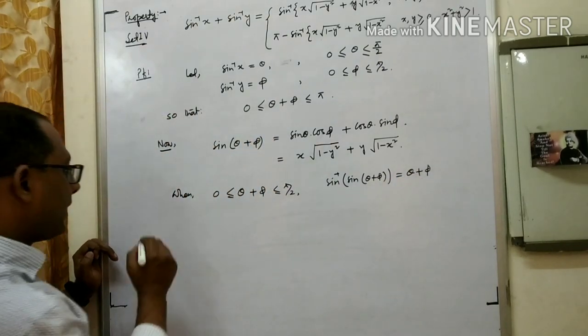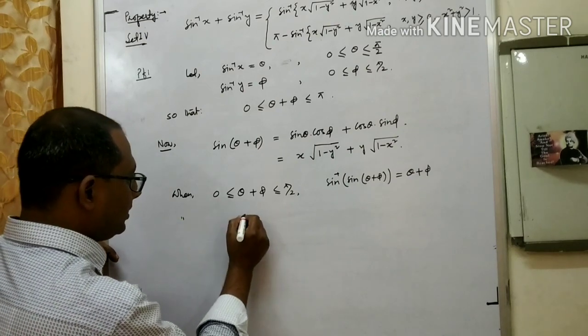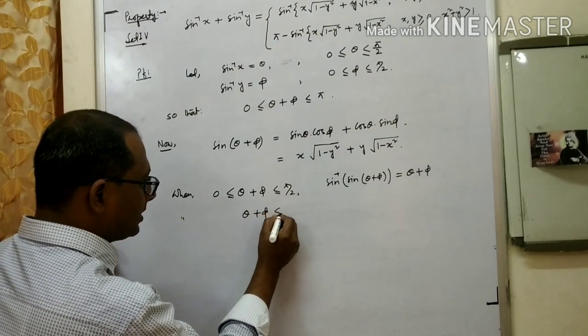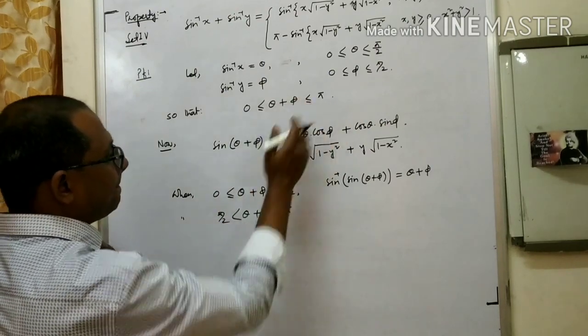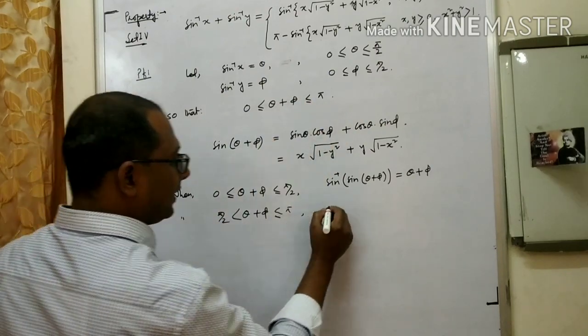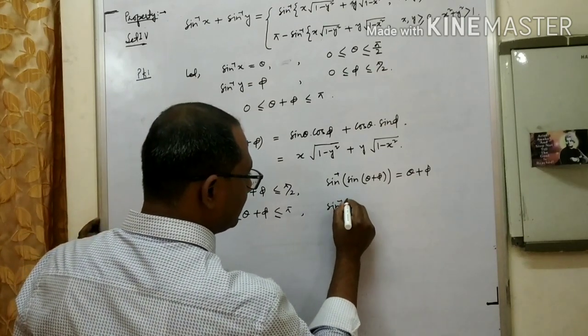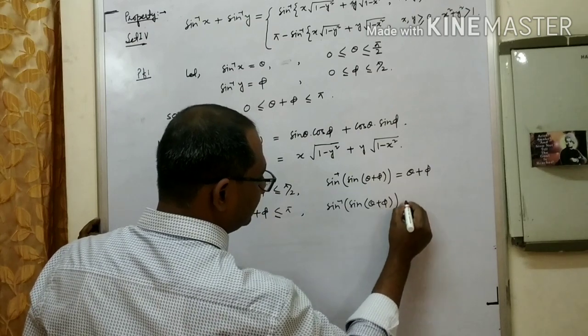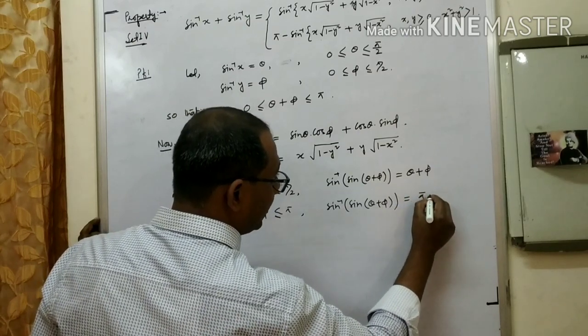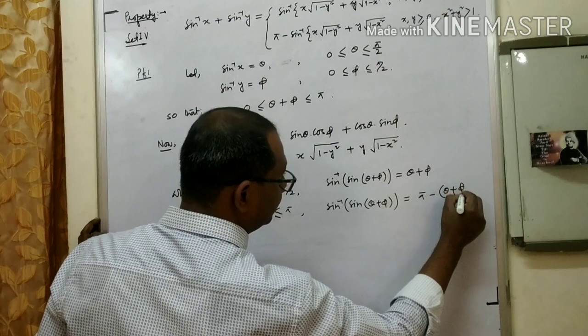And when theta plus phi is lying between pi by 2 to pi, sine inverse of sine of theta plus phi will give me pi minus theta plus phi.